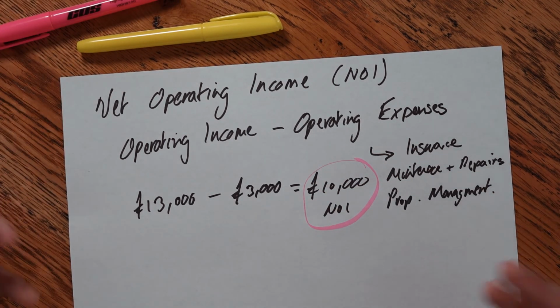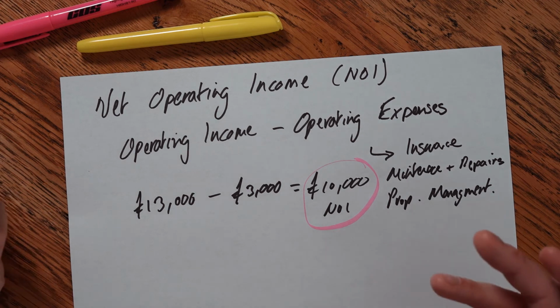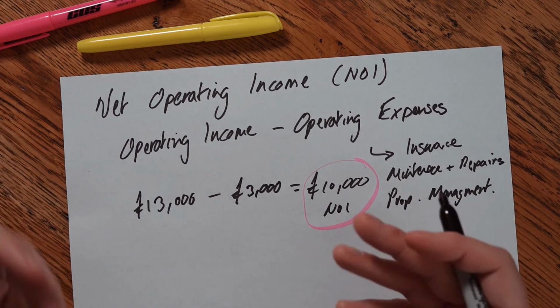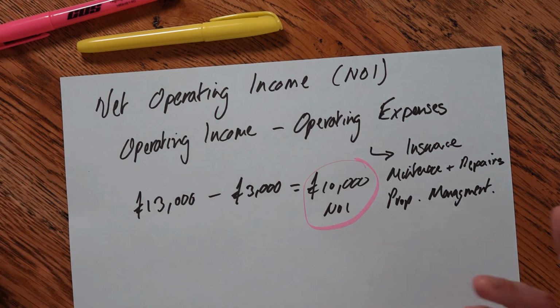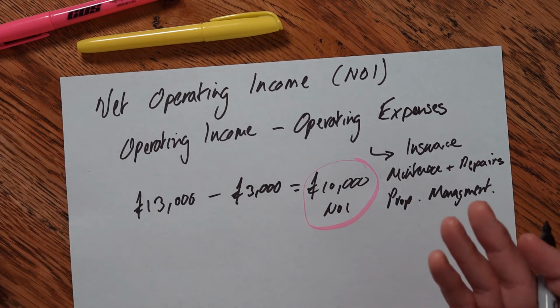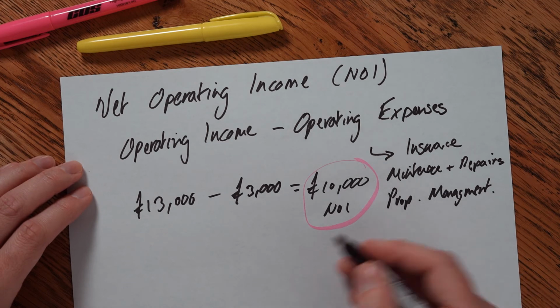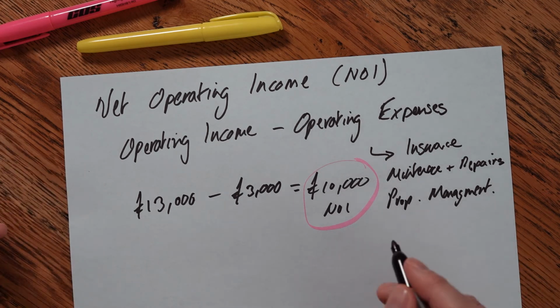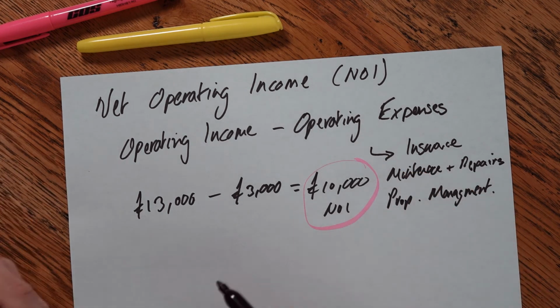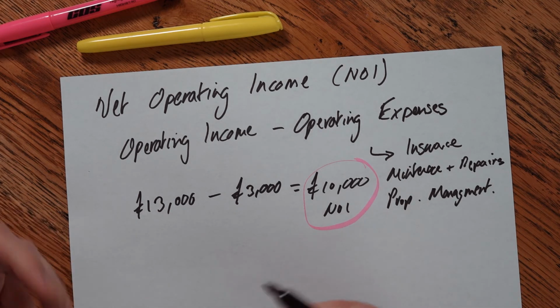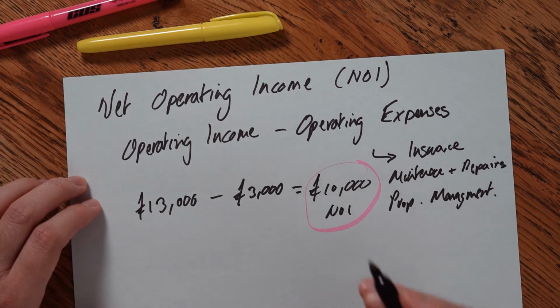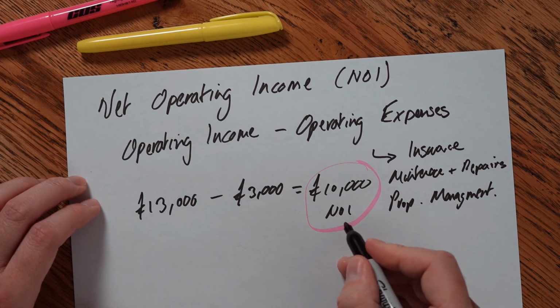So with this one, it provides us a basis for comparison again between properties. We're able to then look at different properties and work out what is the net operating income, the actual cash flow that each of the properties is going to make for us to determine which one's a better investment. And always remember the terms. Gross is what you make and net is what you actually take home. So this is what you're taking home before any finance costs such as mortgage or any accountancy fees.